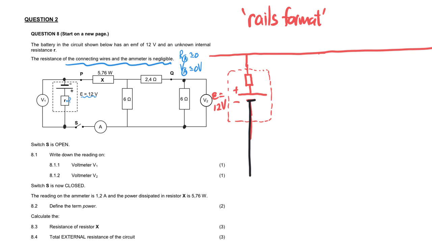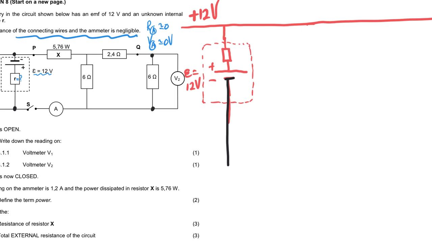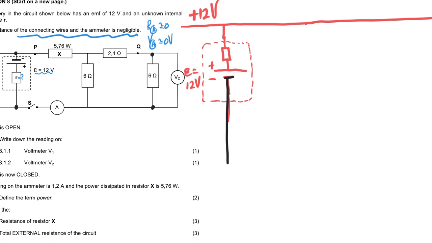You don't have to do it this way. So the current comes out and it goes through a resistor. Now, as soon as it goes through a resistor, the voltage is going to drop. So with the Rails format, what we do is we work with a positive transmission rail, which would ideally be plus 12 volts, and then the negative rail, or the ground rail, which we are going to define as 0 volts.